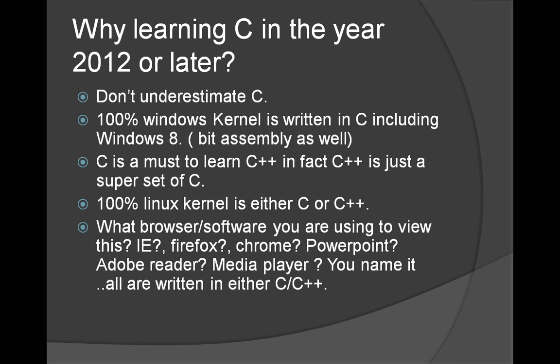Most of the operating system kernels, most of the applications we use, are written in C. So C is very important from that standpoint. Also, C++, which is the object-oriented version of C, is pretty much a superset of C, which means to learn C++, you need to learn C first.